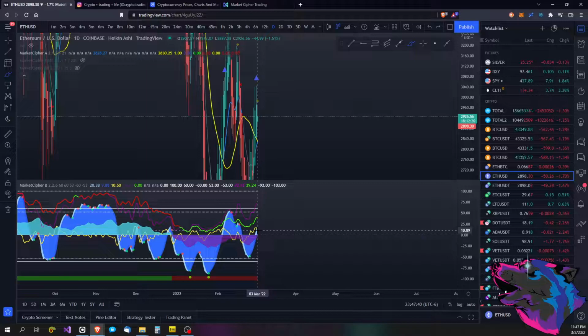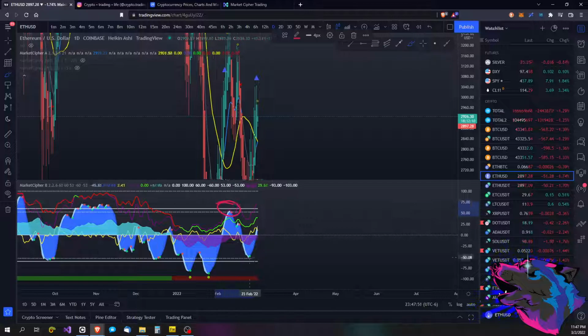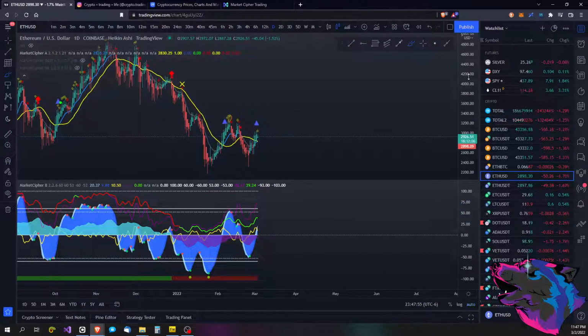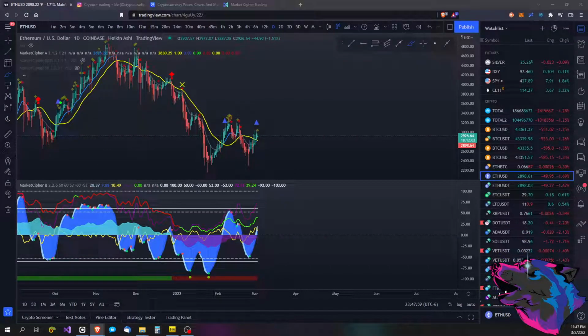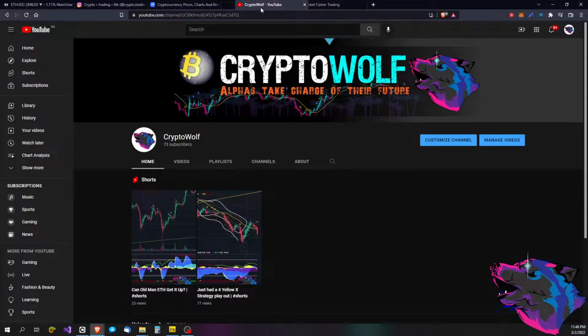But again, that's not guaranteed. We could bounce and stay in the positive numbers. Momentum wave coming up, we'd like to see it get above that previous. Time will tell.